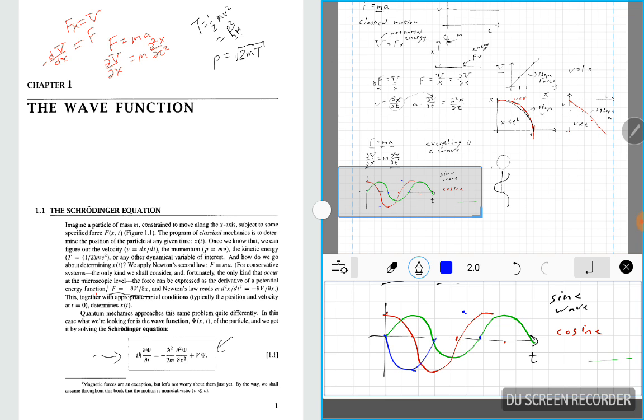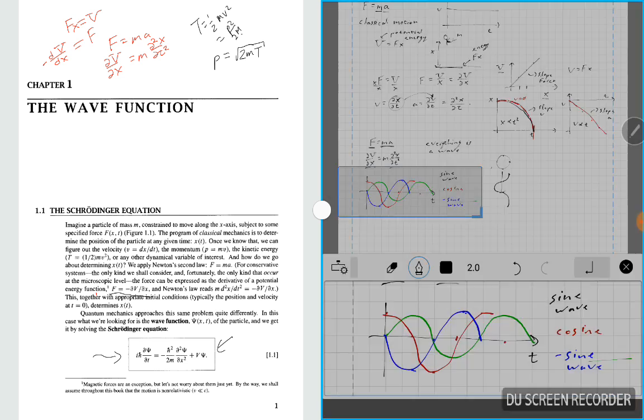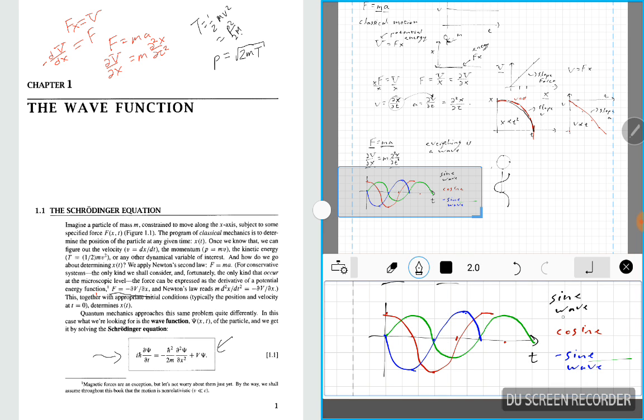So what I get for my second derivative is a negative sine wave. So my velocity is the derivative of my position with respect to time, and my acceleration is my second derivative, but it is equal now to the negative of the first graph.